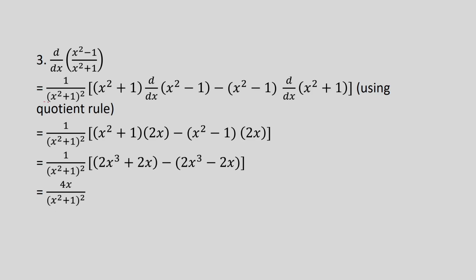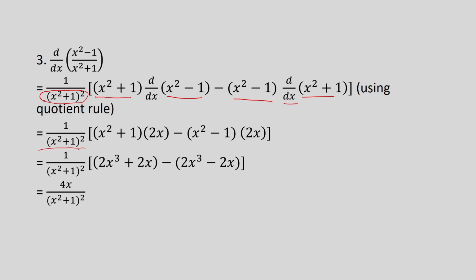So, the denominator square is coming here in the denominator, multiplied by the denominator x square plus 1, multiplied by the d dx of the numerator, that is d dx of x square minus 1, minus the numerator, that is x square minus 1, multiplied by d dx of the denominator, x square plus 1. Okay. The rest of the problem is just to labor through the expressions.